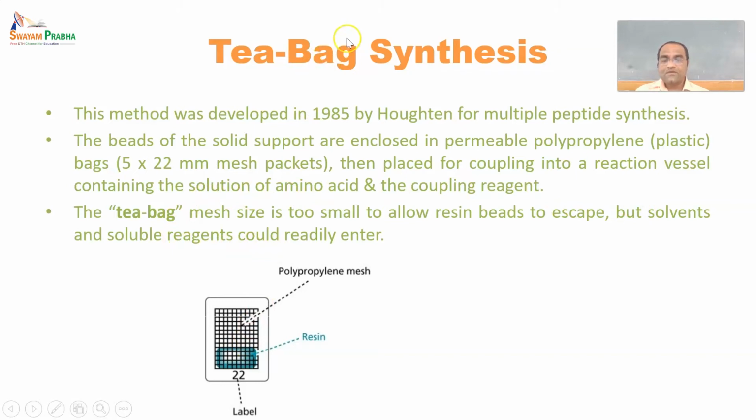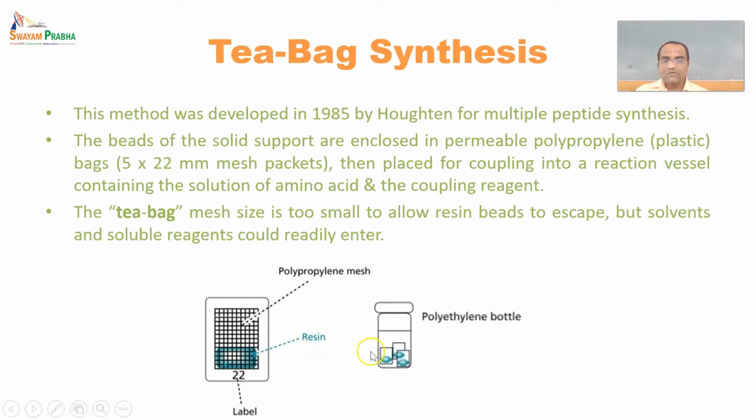That is why it is called a tea bag, because it looks like a small tea bag. The resin has an anchor for coupling, and the amino acids from which we need to prepare a peptide are solubilized within the solvent, and this tea bag is kept within the solvent.